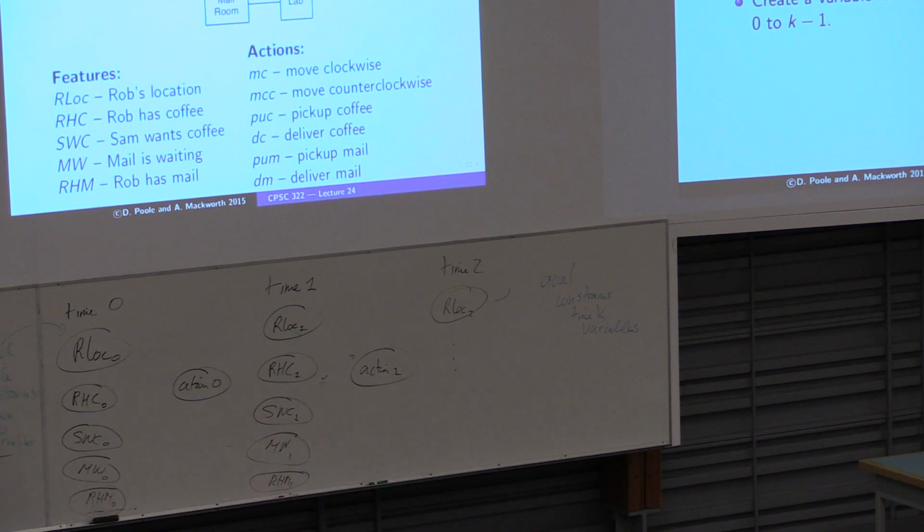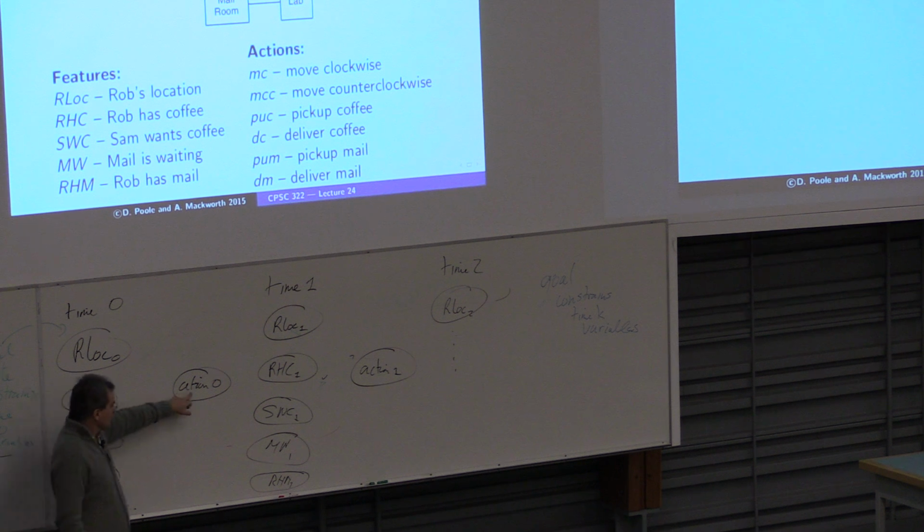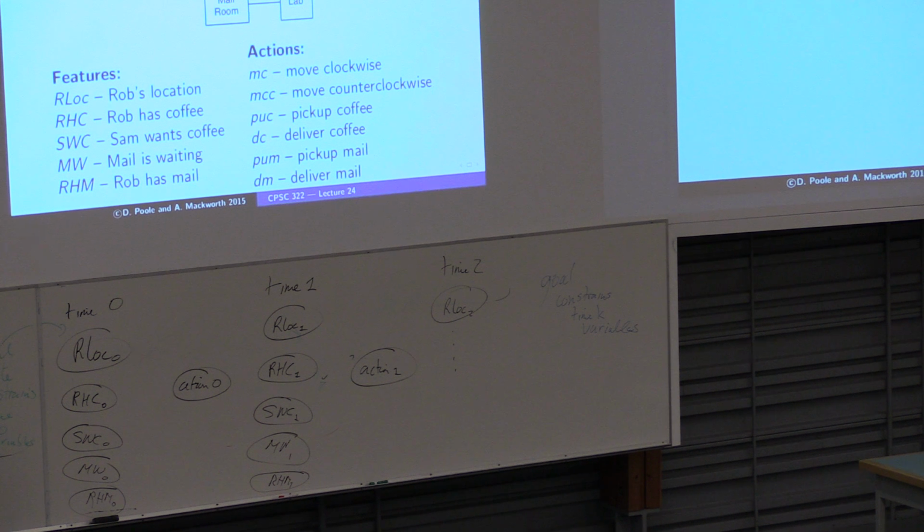Now we're going to construct a whole lot of constraints, constraints between different variables. So action 1 has a whole lot of values. And if action 1 is pick up coffee, what's the constraint that we have? What does pick up coffee require as a precondition? Pick up coffee has preconditions.